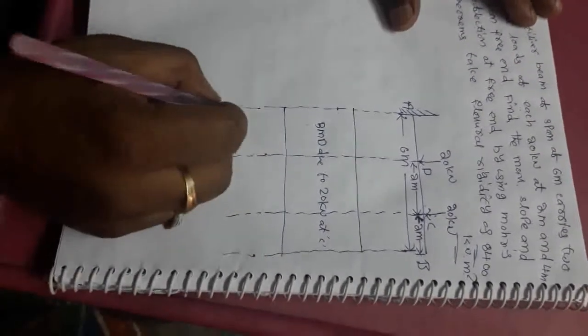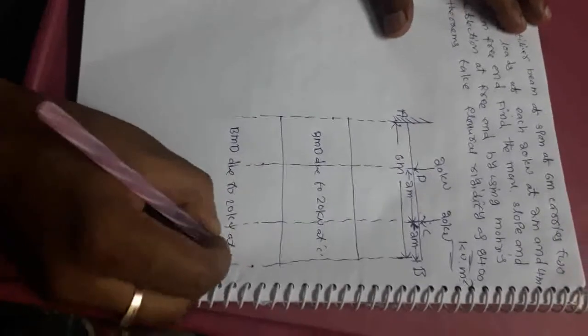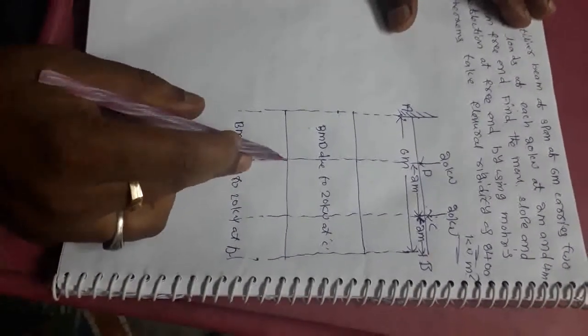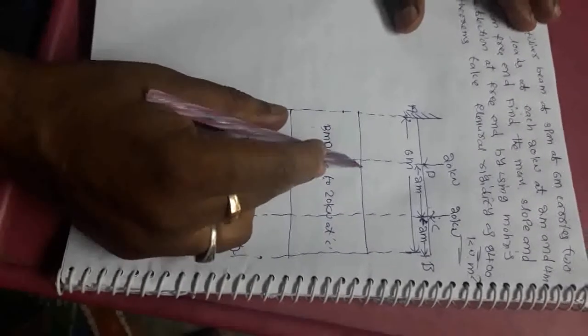Okay, and next BMD due to 20 kilonewtons at D. So this diagram is for the point load at D, and this diagram is for the point load at C.